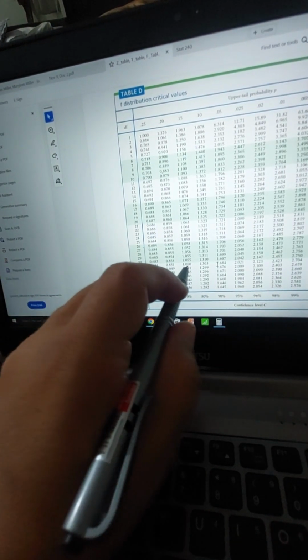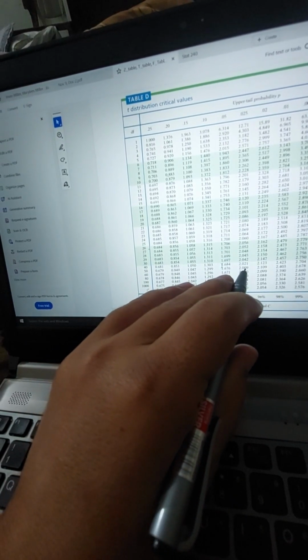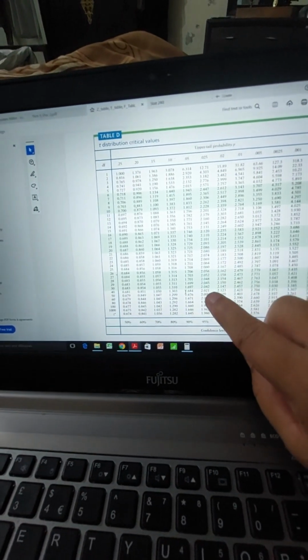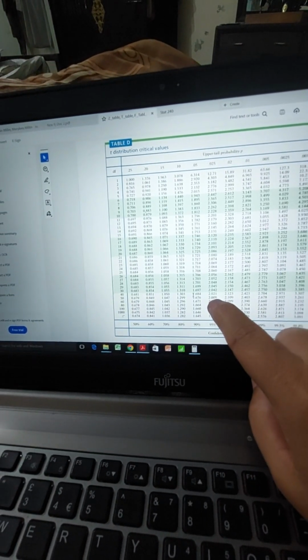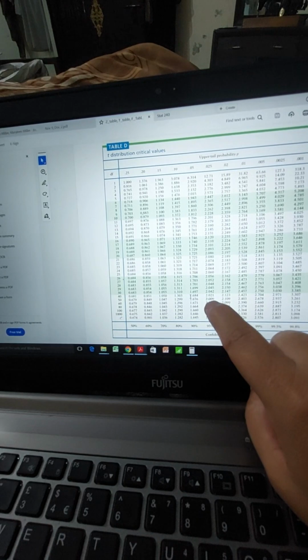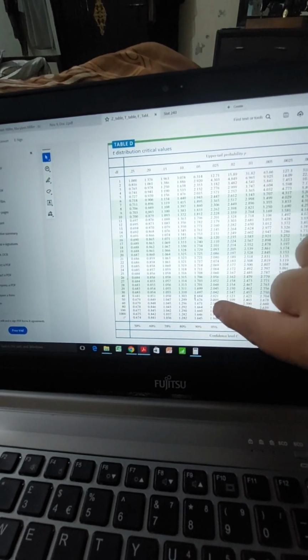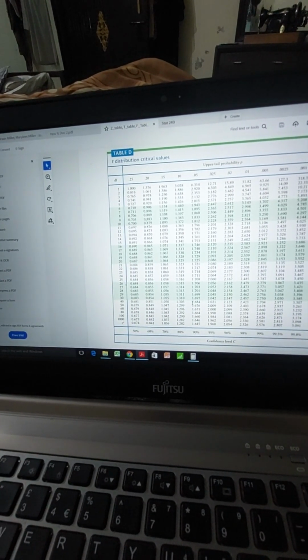Now for 50 degrees of freedom and 0.025, the value is 2.009.